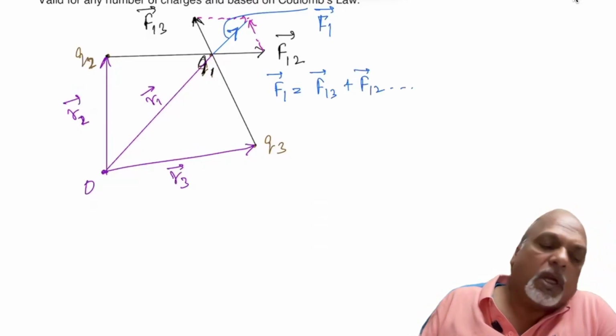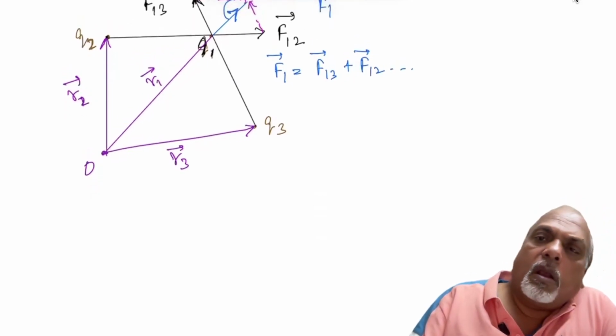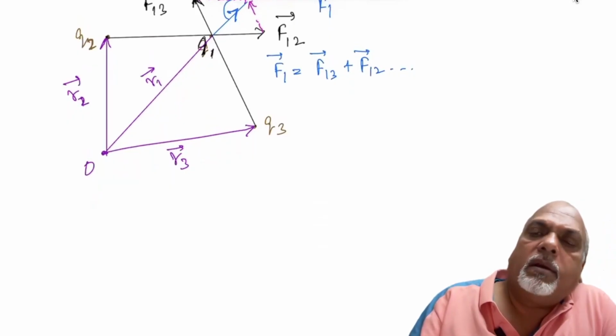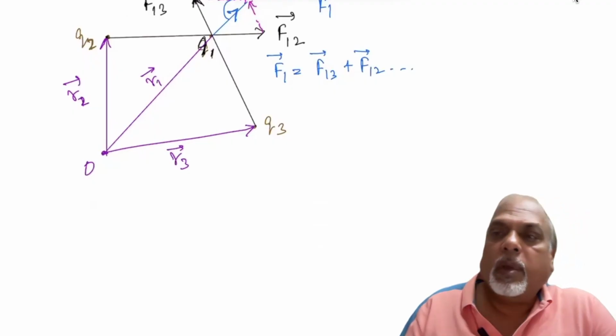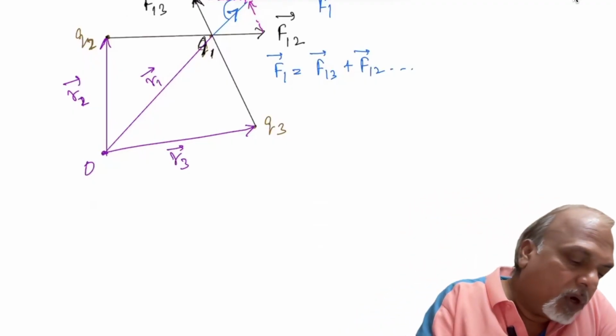If you have multiple charges, you already have studied how to find the resultant of vectors when they are inclined at some angle, basically. Correct? Just for short, let us see.